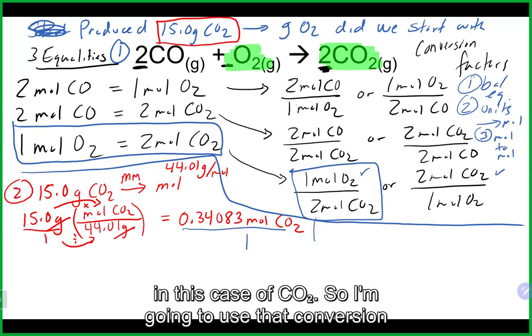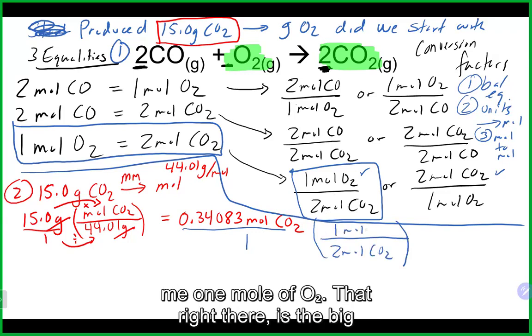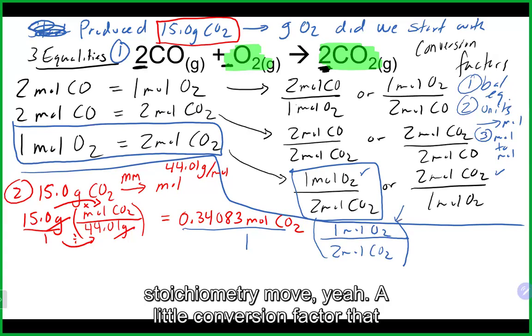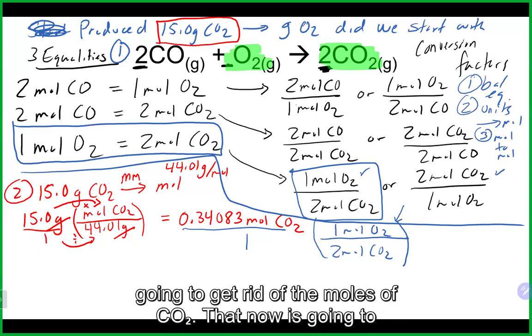So I'm going to use that conversion factor for step number 3 and go 2 moles of CO2 gives me 1 mole of O2. That right there is the big stoichiometry move, yeah? A little conversion factor that you get from the table, or from the actual equation. That's going to get rid of the moles of CO2.